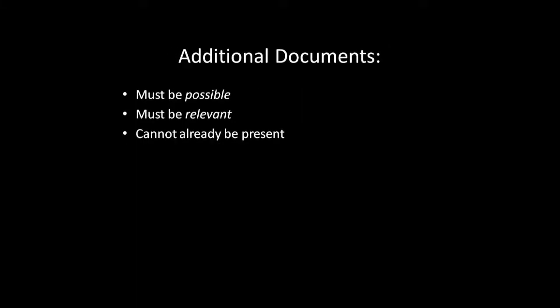Okay, additional documents. They must be possible. They must be relevant. So first off, they have to be possible. You can't ask for a journal of a caveman. Okay, the caveman couldn't write. The caveman, of course, had no concept of that. So you can't ask for a journal of it.